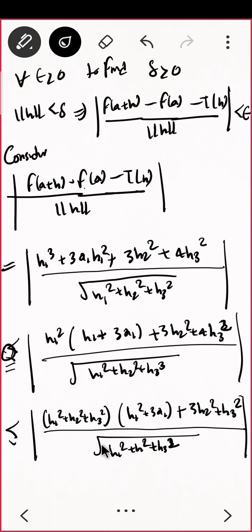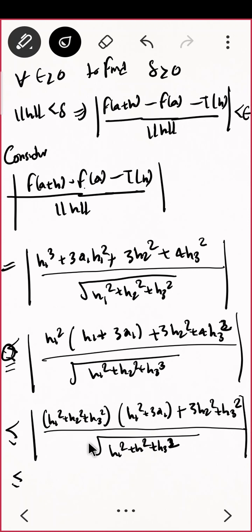Okay, what will you do next? Can I separate the terms? This upon this and this upon this, correct? If I take this upon this, you'll see here you will be having root, and here I just want everything in terms of h.